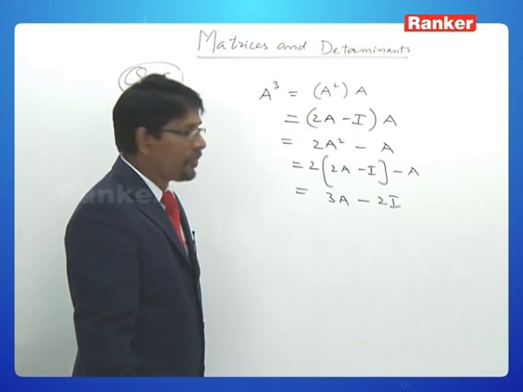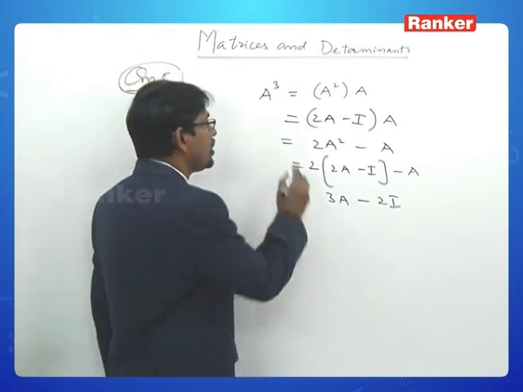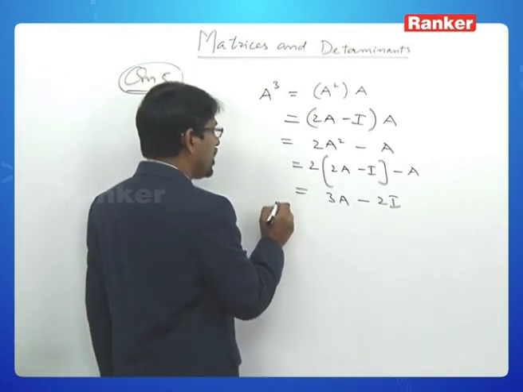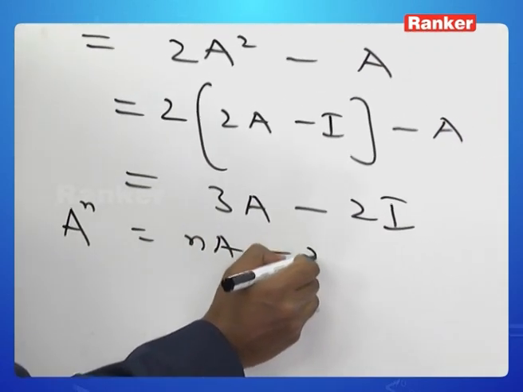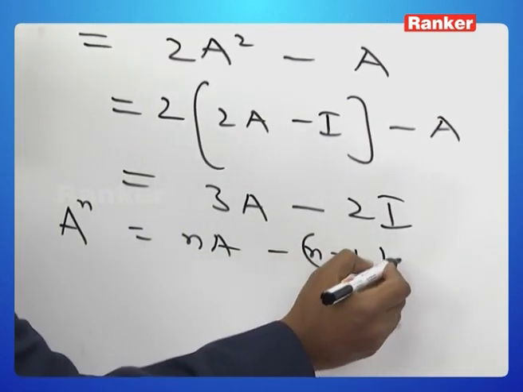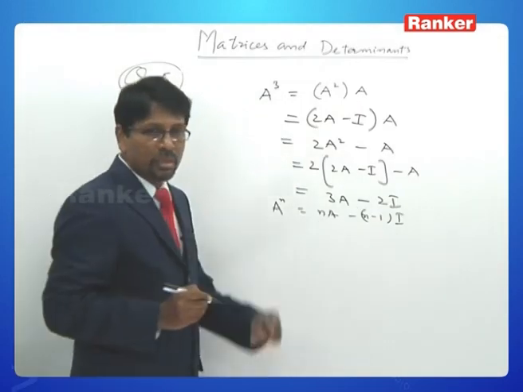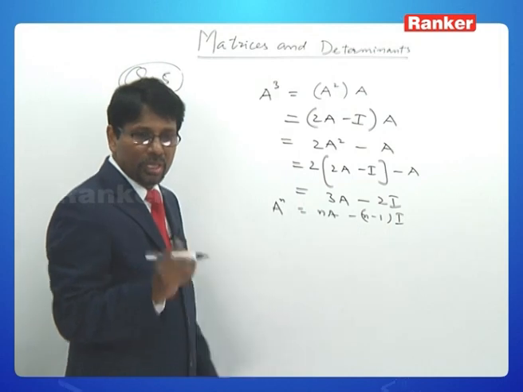So observe that when n is 3, it appears that A power n equal to nA minus (n minus 1) into I appears to be the more appropriate option here.